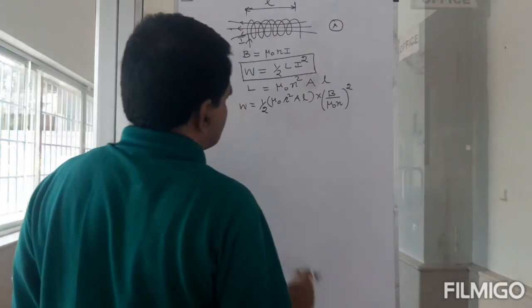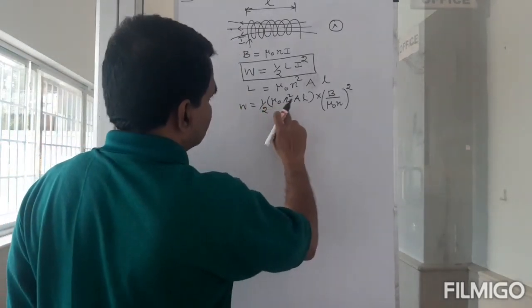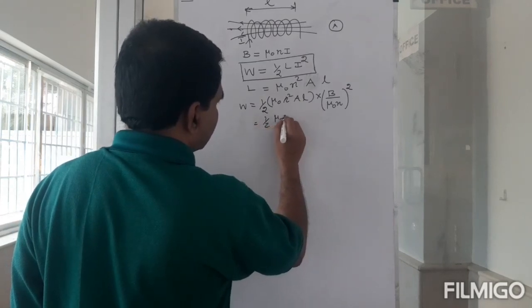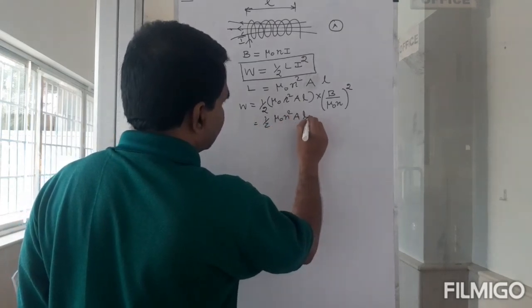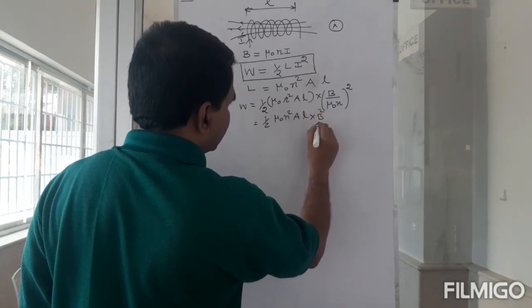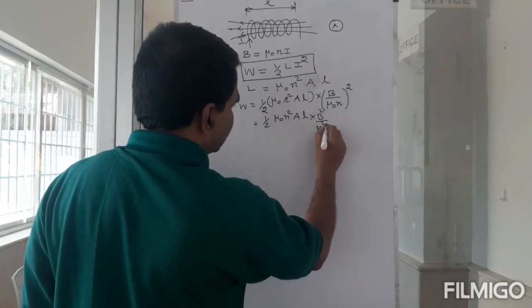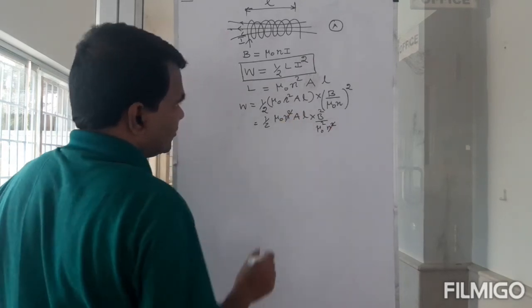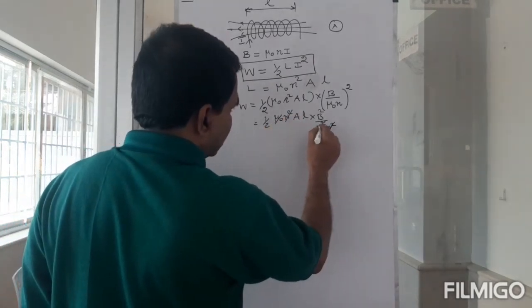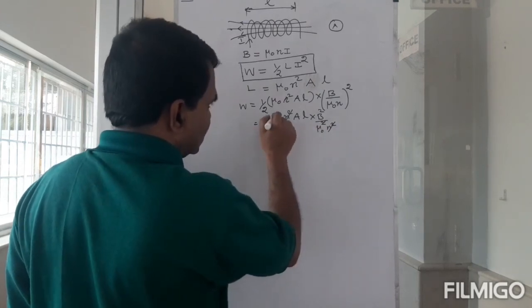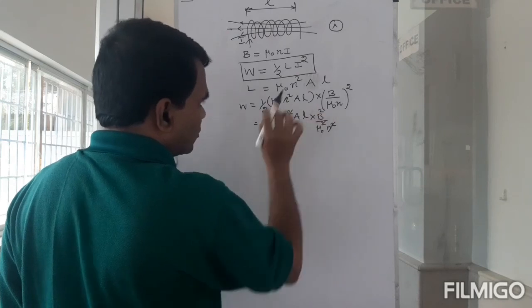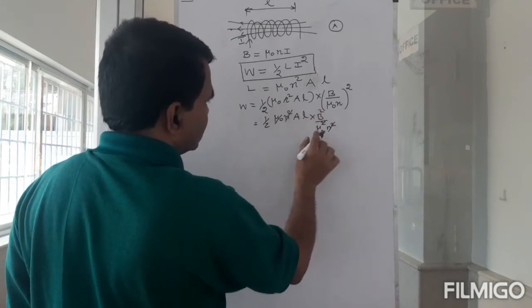This gives half mu naught N squared A l into B squared by mu naught squared N squared. N squared will cancel, and mu naught in the numerator cancels one of the mu naught squared in the denominator, leaving mu naught.